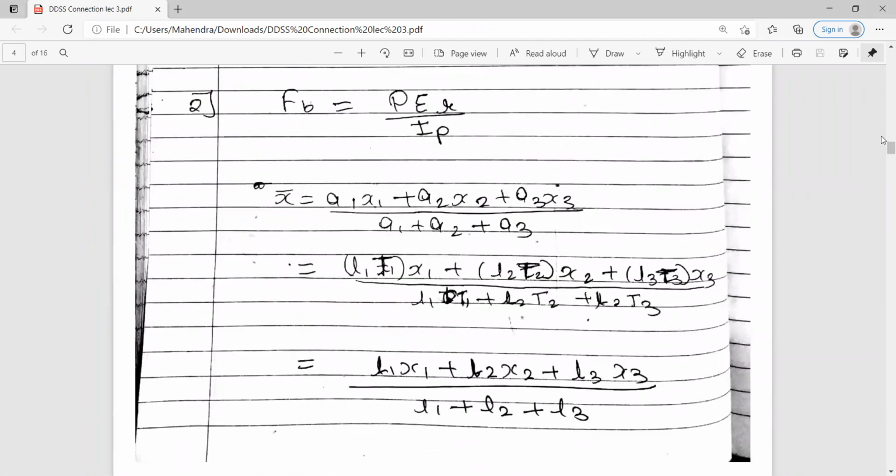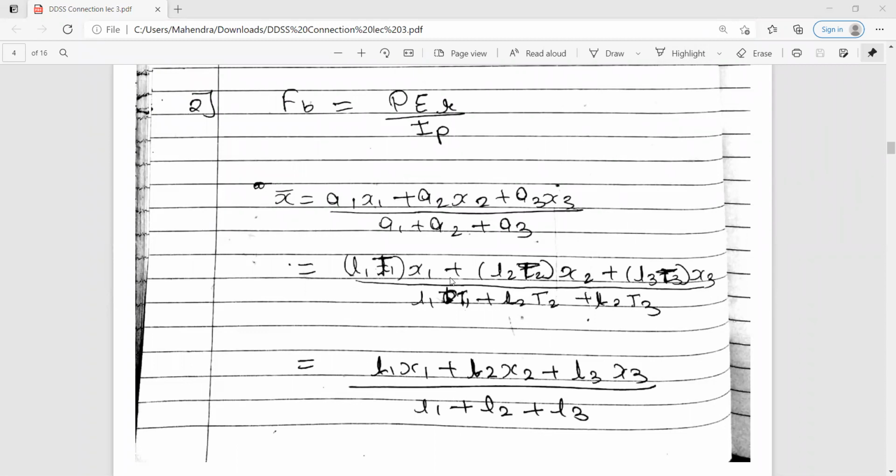Now for calculation of FB, the formula is P e r by Ip. So for that, first of all, you need to calculate X bar. The formula to calculate X bar is A1X1 plus A2X2 plus A3X3 upon A1 plus A2 plus A3. A1X1 is L1 into T1, since area is length into thickness.